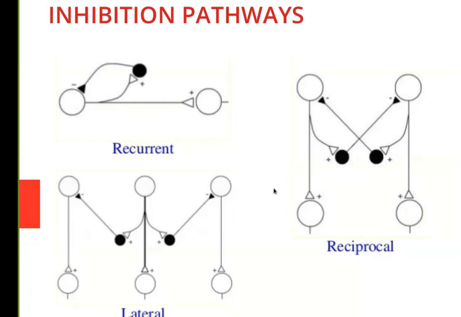Next one, reciprocal inhibition. And this type of inhibition, again, is very useful in our muscles, but antagonistic muscles. For example, in your arms and legs, you have muscles which move in opposite directions. You may bend some extremity, arm or leg, or you may extend the extremity.